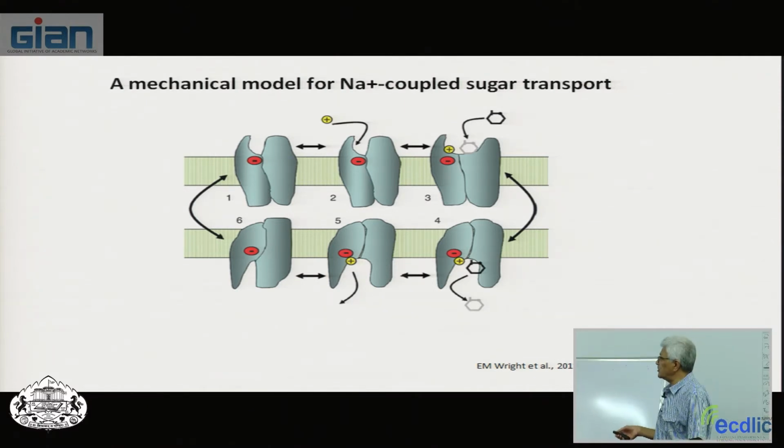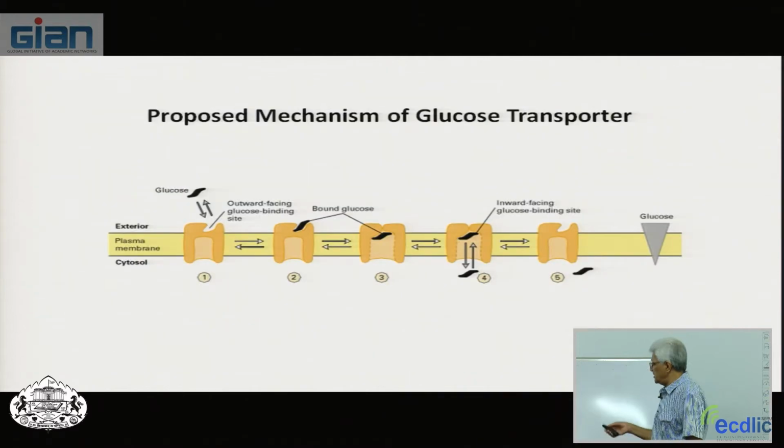But the same thing is true even for a single glucose transporter where you transport glucose by diffusion. It's because that glucose site, like when we saw it in the previous one, is not available at the same time on this side. You have the site available here, and that's why it's called alternate access. Okay?